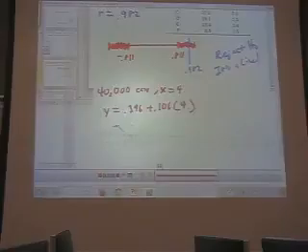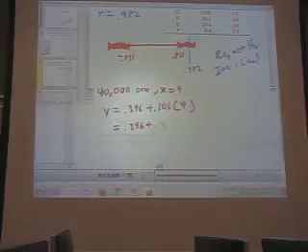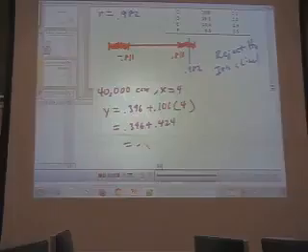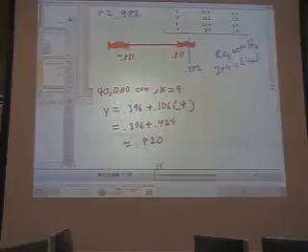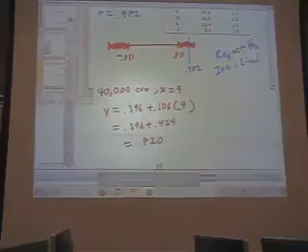I'm going to end up with 0.396 plus 0.424, which is 0.820. Which is pretty good: $820 million.